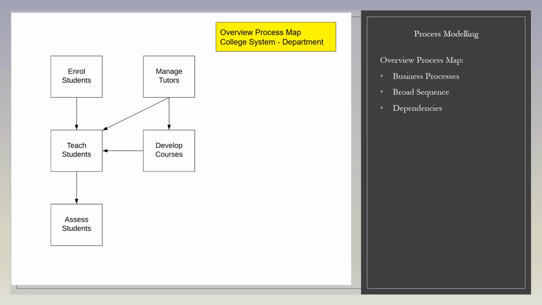Develop courses could be shown as a process that enables the teaching of students. And because course development is done by tutors, the process is dependent on the process manage tutors.